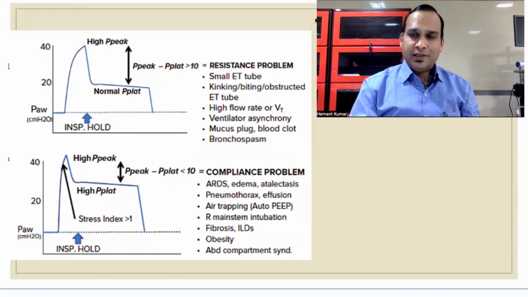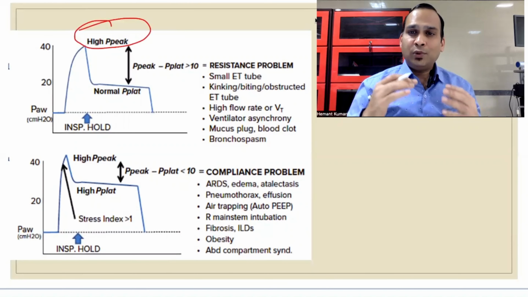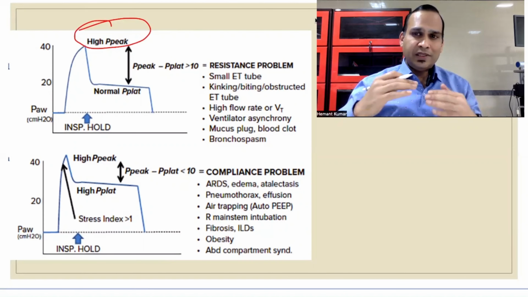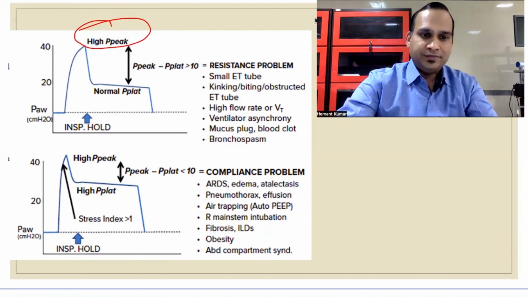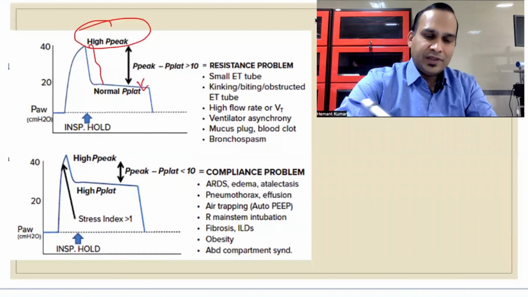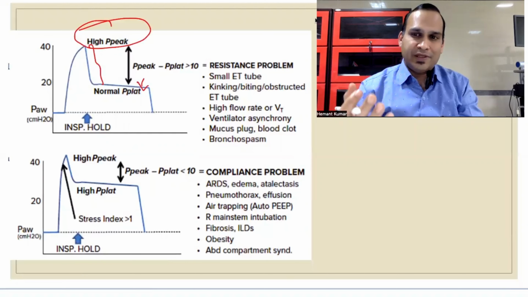Now, any patient in whom there is an alarm of high peak pressure, we have to rule out where the problem is. We know the peak pressure contains two components, airway pressure plus plateau pressure. So this is plateau pressure and this is airway pressure. We have to see which is the culprit for increasing peak pressure.